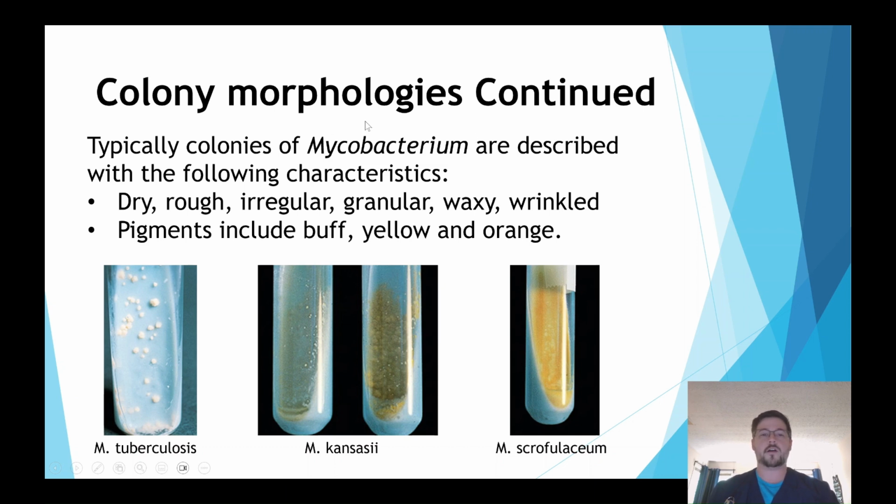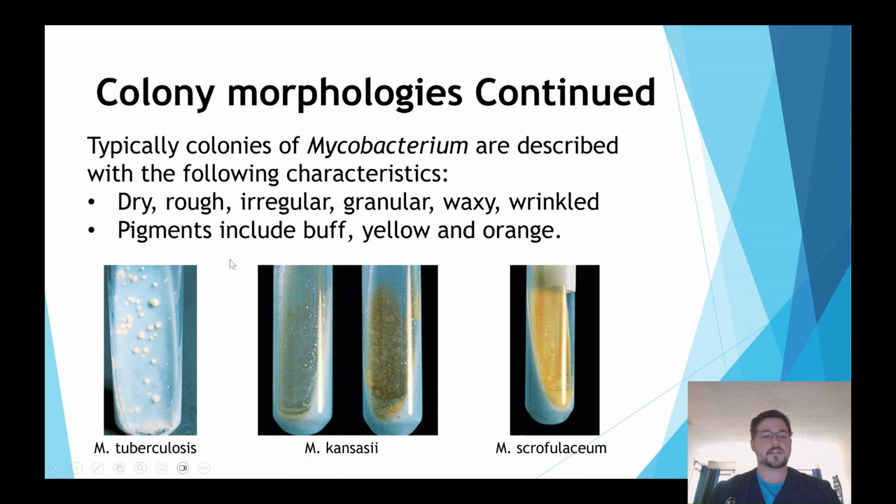So there are some examples of the colony morphologies here. Generally, mycobacterium is going to have dry, rough, irregular, waxy, wrinkled looking colonies. They're these kind of odd looking, almost fungal-like colonies.